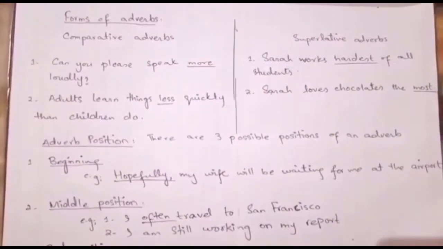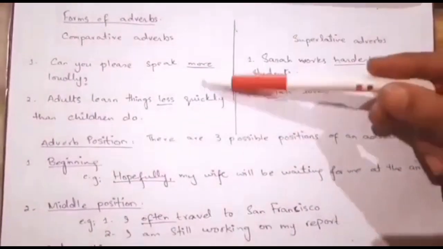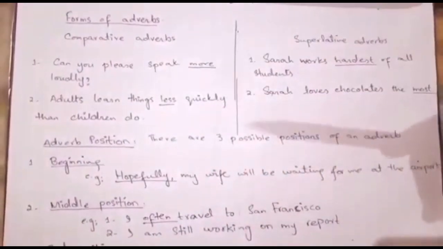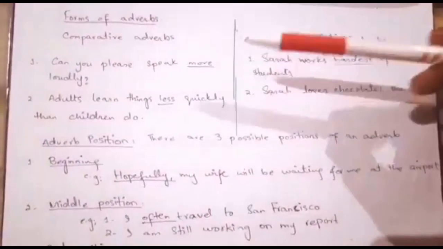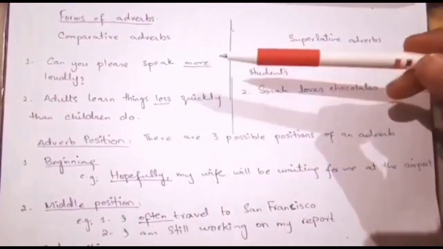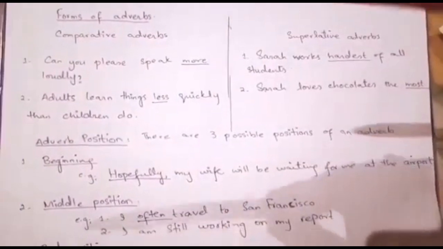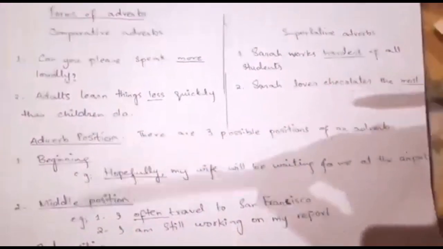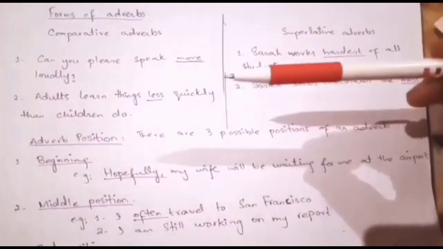So both of these examples have comparative adverbs. In the first example, we have added more to the adverb loudly, and it becomes a comparative that modifies the verb speak.